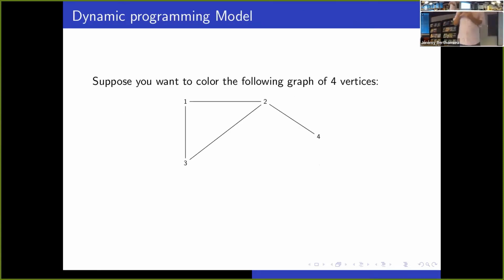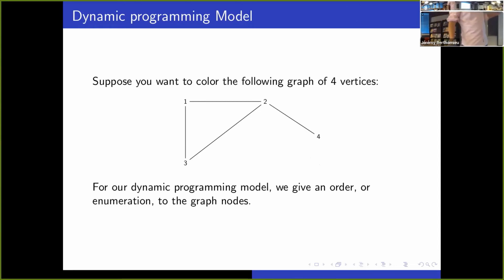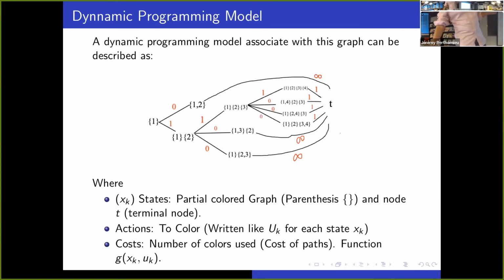So to explain the dynamic programming model, suppose you want to color the following graph of 4 vertices. For our dynamic programming model, we give an order or enumeration to the graph nodes. A dynamic programming model associated with this graph can be described as this, with some states.